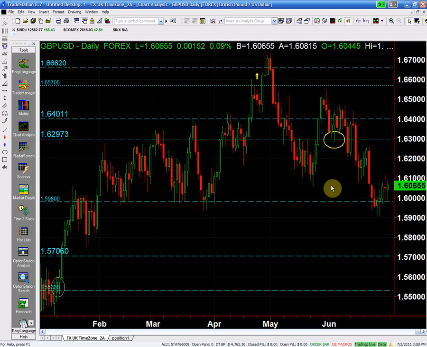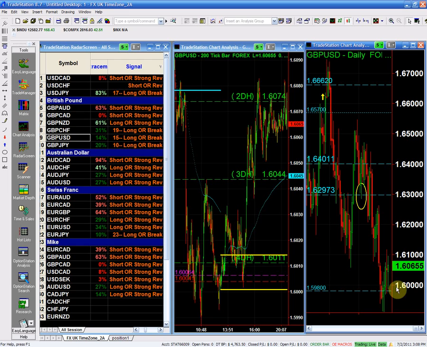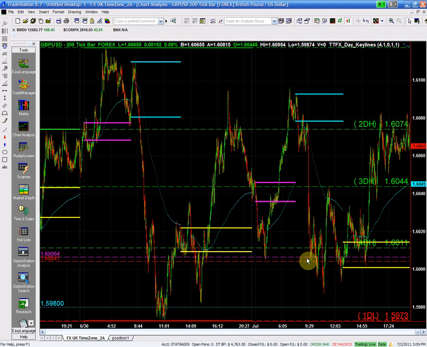So on the short side, again, you can see all this range bound, so we want to be clear, since it has no direction.